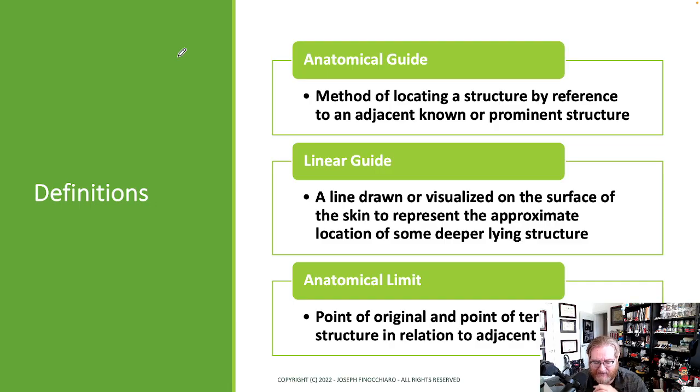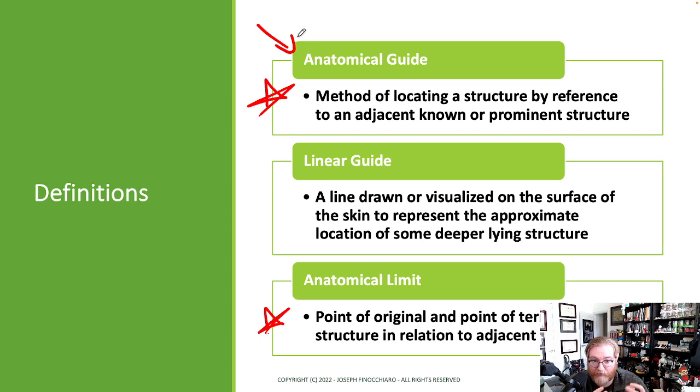And finally, the anatomical limit: a point of origin and a point of termination of a structure in relation to adjacent structures. Now, the big difference between the anatomical guide and the anatomical limit. The guide allows you to find what you're looking for using landmarks around it.